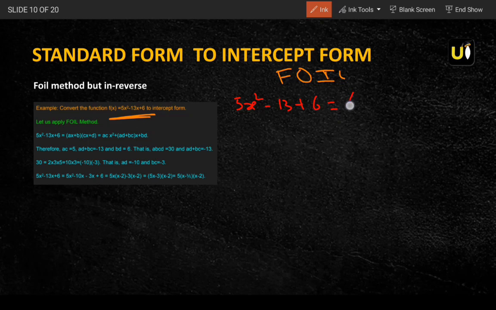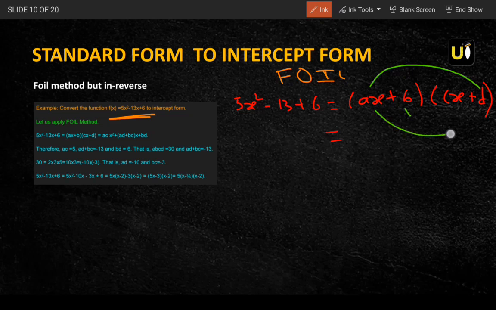So now applying FOIL method for this ax plus b into cx plus d, it will be multiplying the first, inner, outer and the last.